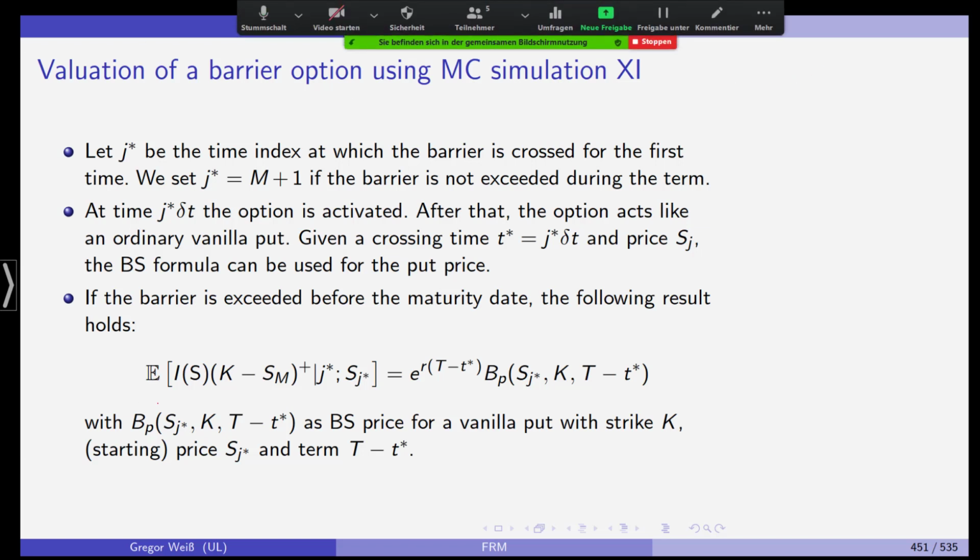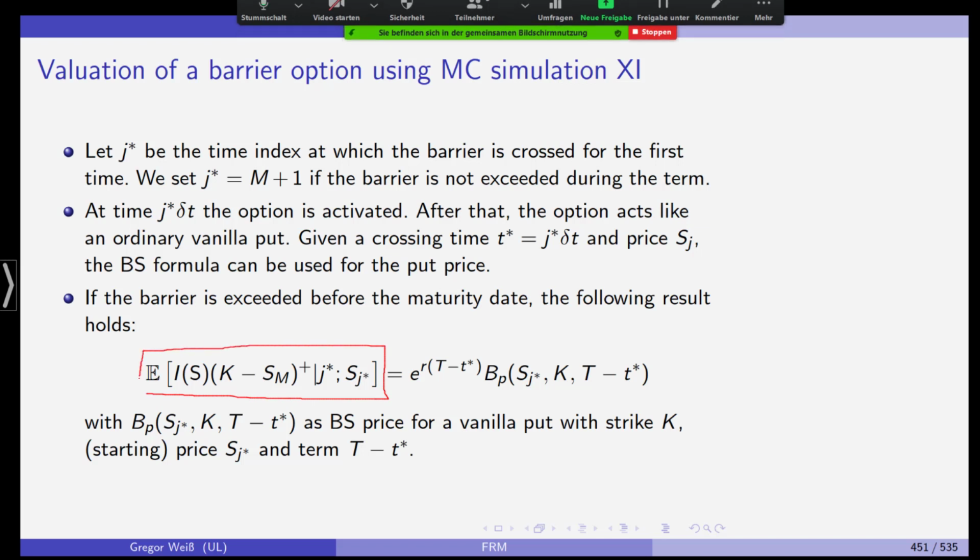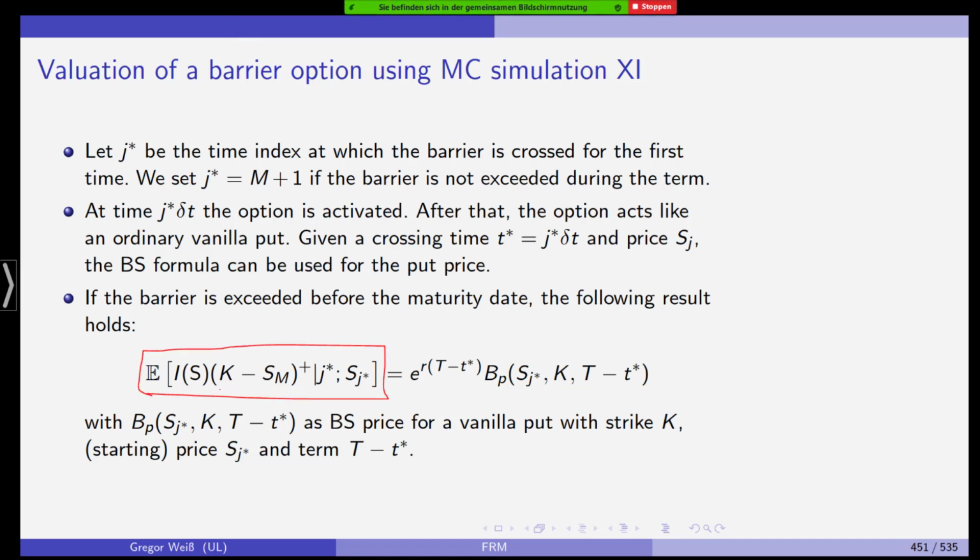We take the expectation of the indicator function times the regular put payout, and this is actually the Black-Scholes price from this point on, at which for one simulation the product has been knocked in.